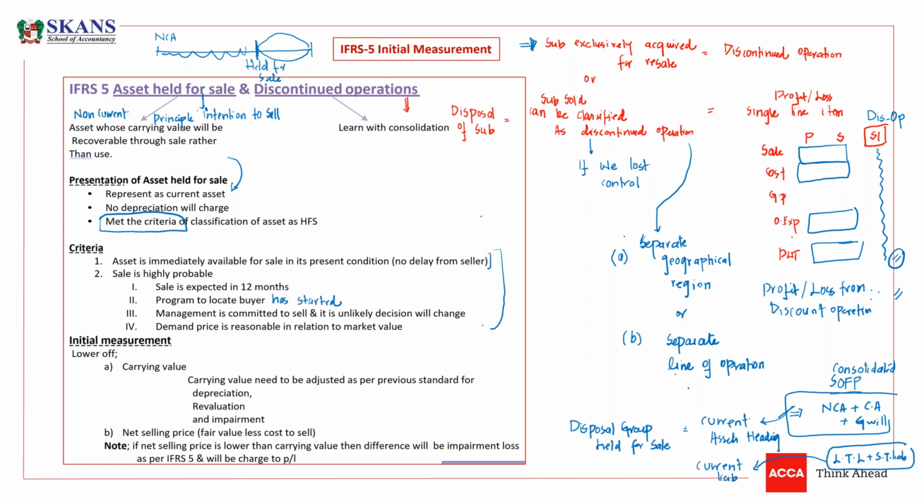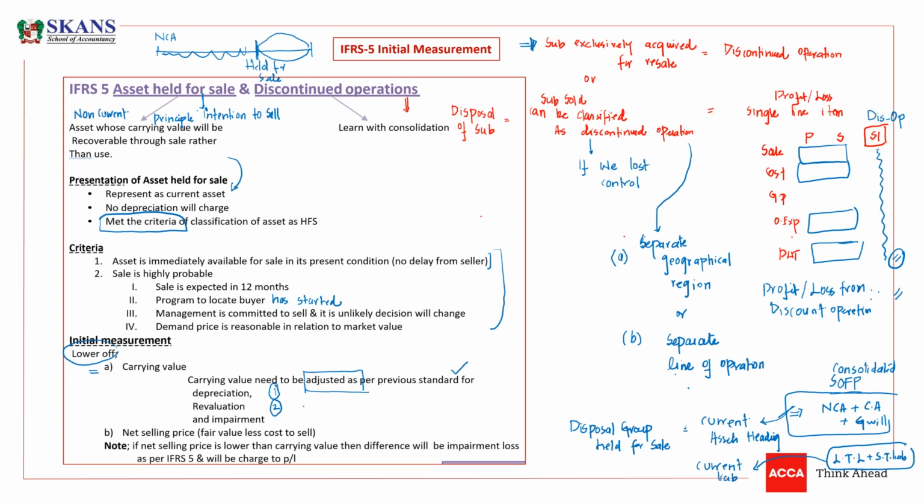Now, if the asset is held for sale, what we need to do, we will initially record this asset held for sale at lower of carrying value, but this carrying value should be adjusted. This carrying value should be adjusted as per previous standard for depreciation until the date of classification.